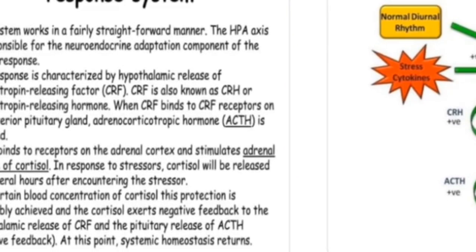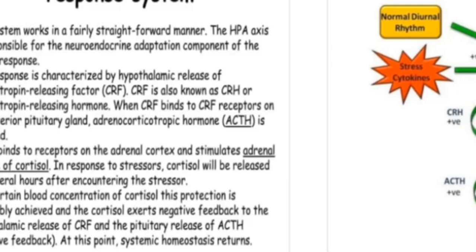Then this adrenocorticotropic hormone binds to the receptors on the adrenal cortex and stimulates adrenal release of cortisol. So in response to stress, cortisol will be released for several hours after encountering the stressor.